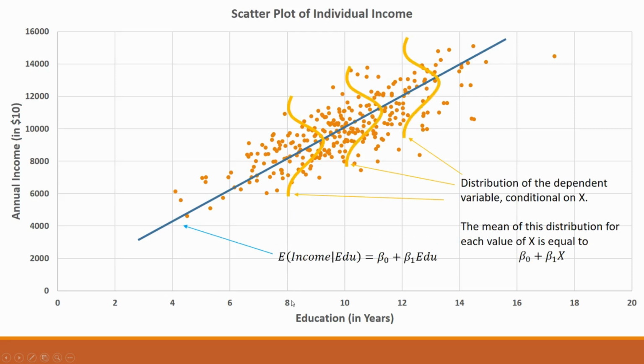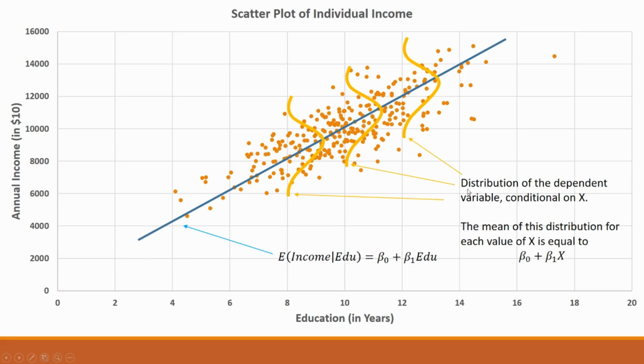So for each value of x, there's some distribution of the dependent variable, in this case income. And the population regression line, when that assumption holds, is equal to the average value of that dependent variable.